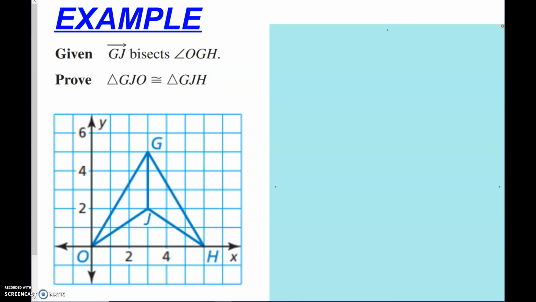Well, they tell me that this is bisecting angle OGH, so I'm going to be able to get this angle congruent to that angle. Then the rest of my plan is I'm going to get GJ congruent to GJ. And then I need one more thing. So I'm probably going to get this GO congruent to this piece right here. Since we're on a coordinate plane, I know those vertices, so I can find the lengths.